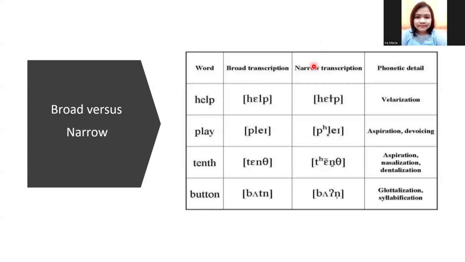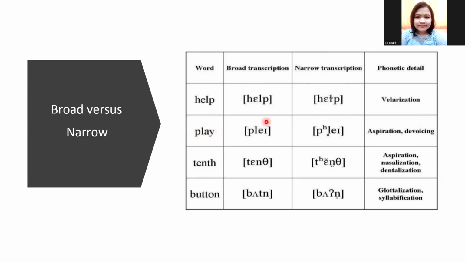But in narrow transcription, you can see that the sound is quite different here because you have the specific diacritic that is added on the phoneme L. So it is velarization.